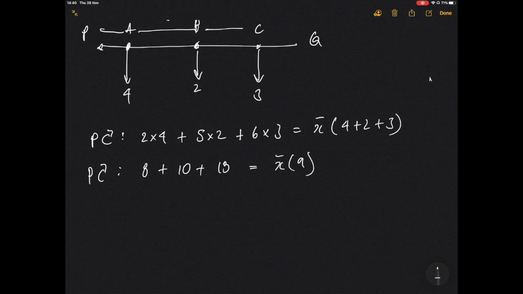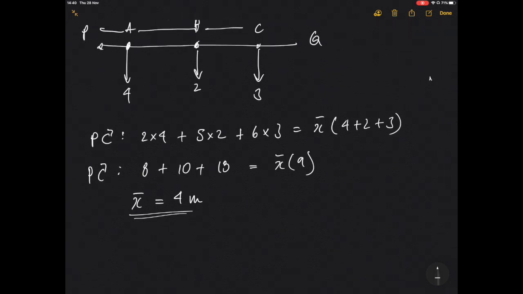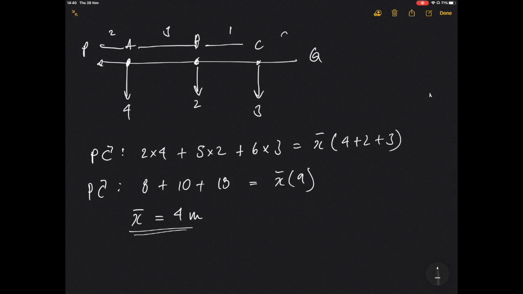And if we just stick that into our calculator, we'll find that x bar is equal to 4. So we know that the distance where the center of gravity acts around P is at 4 meters. We couldn't actually work that out from Q because we're missing this information, but that's okay.